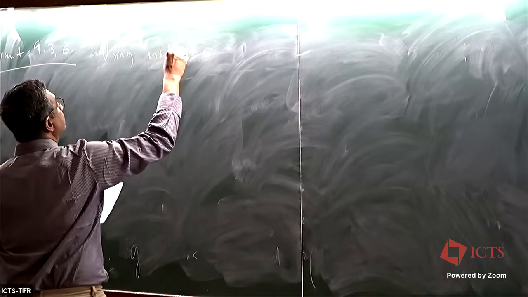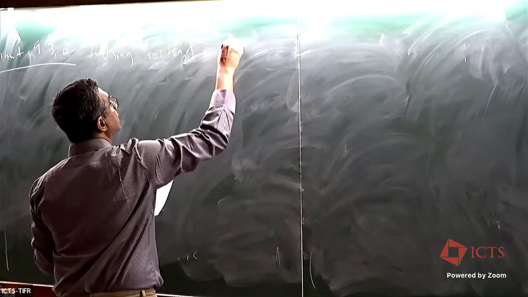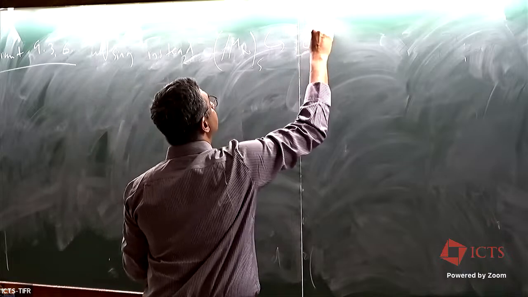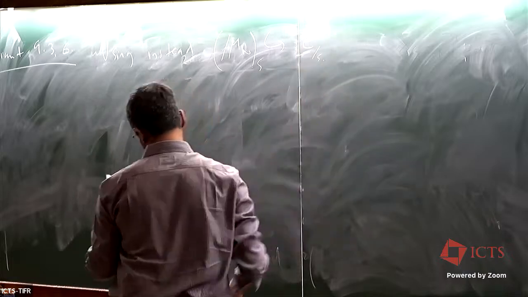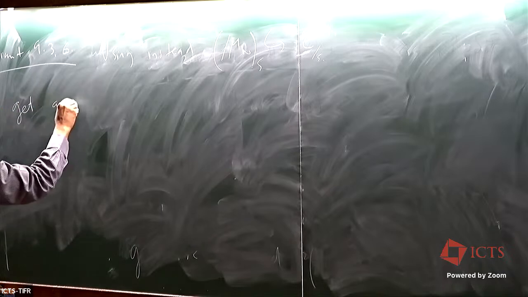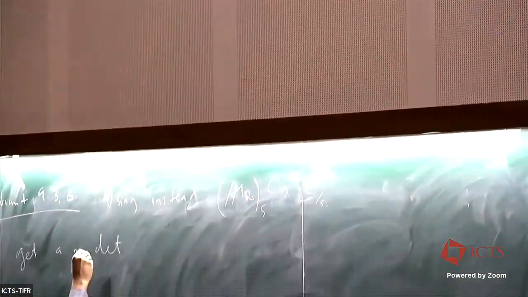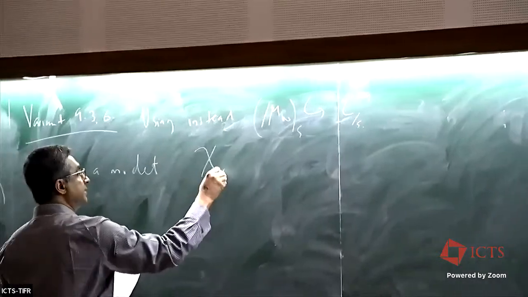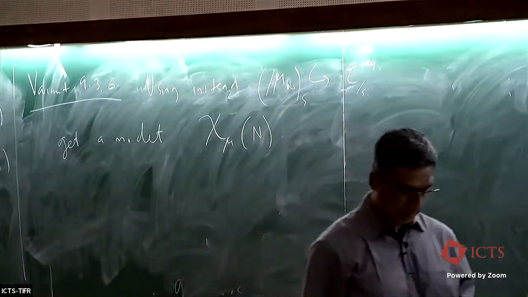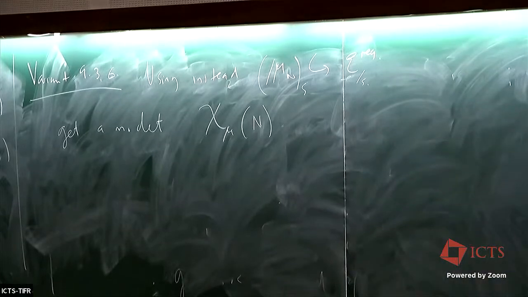Looking at a different functor, but using these kind of embeddings, you get another model, X_mu(n). Mu is Diamond-Shurman's notation, which is defined over Z again.